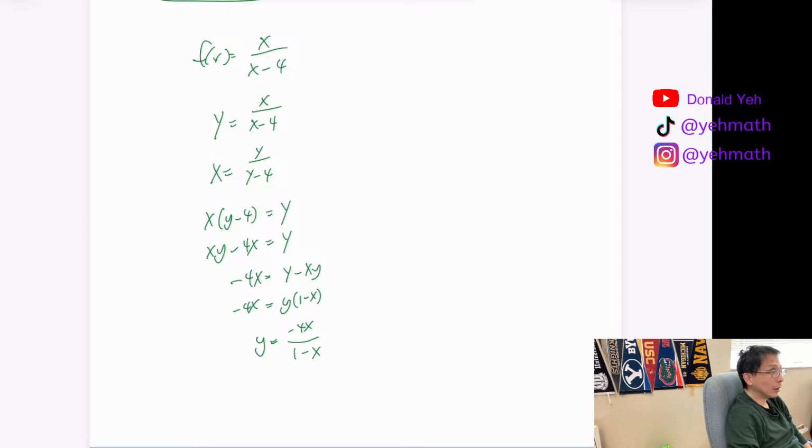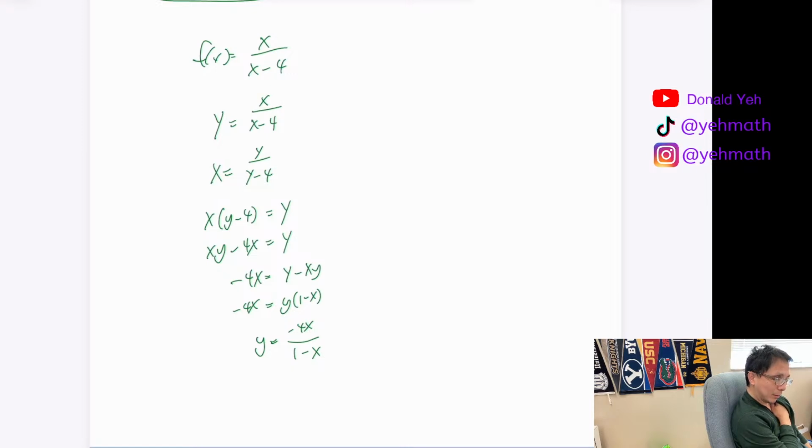That's wrong. It should be positive. If you move it, negative for x equals 1. On the bottom it's y minus x. No, the top is plus 4x.